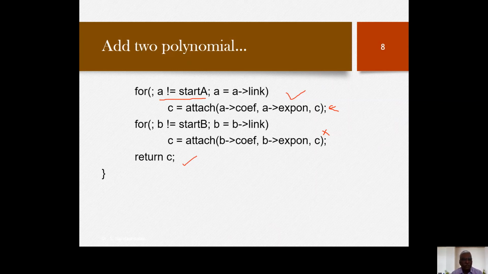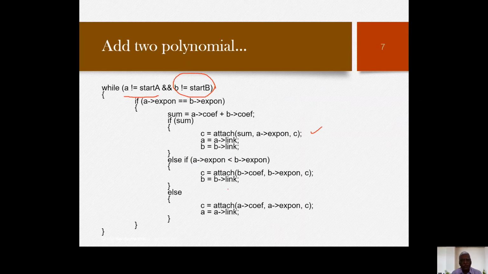So this is how we first create the linked list by reading, and then we employ addition based upon exponent checking. If both are equal, sum it and then add. And if the sum is 0, we don't actually add. That's why you can see here if sum, this condition is true only when greater than 0.